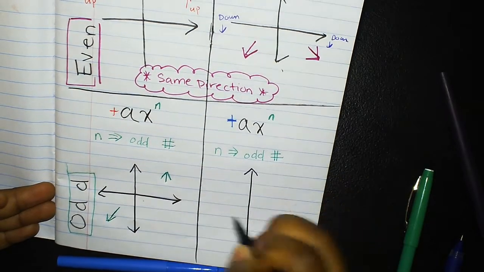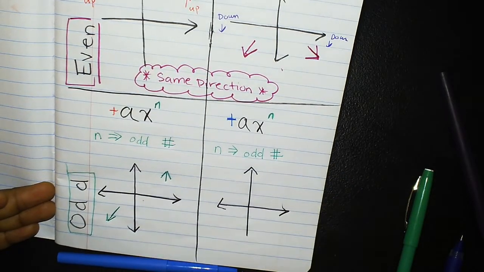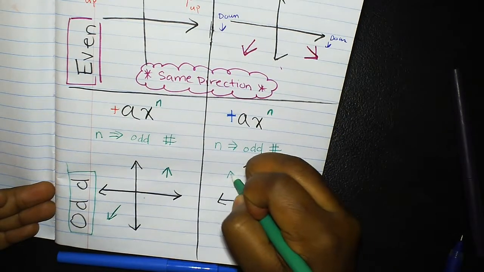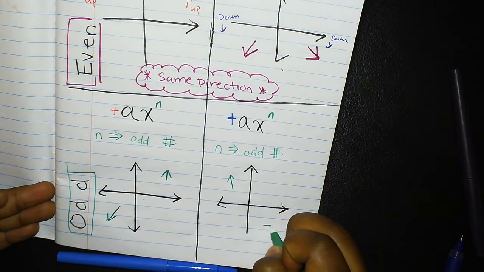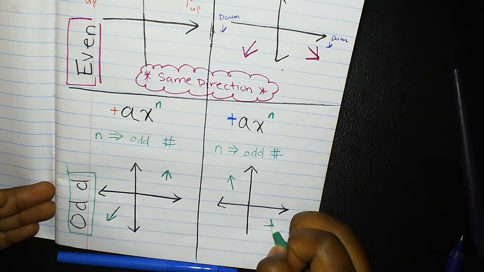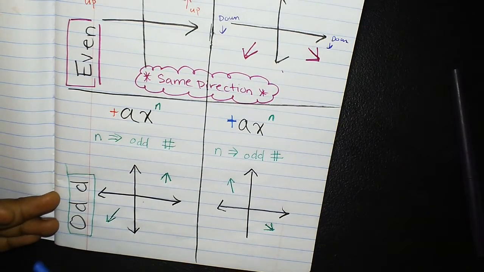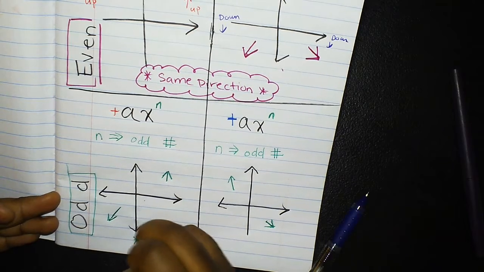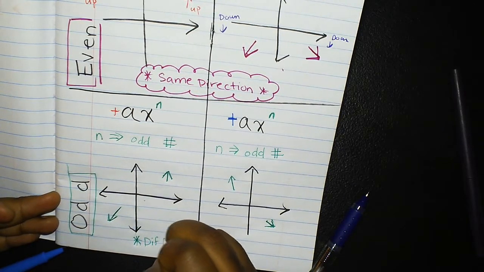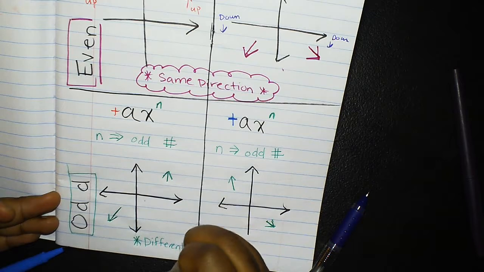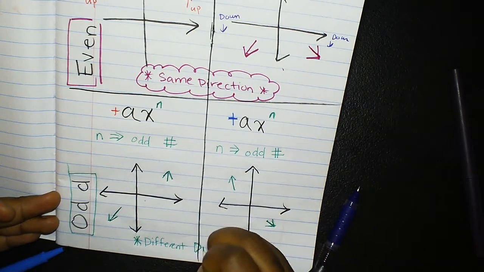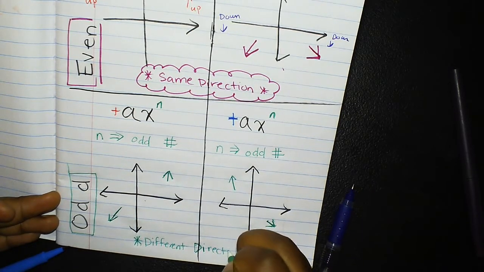So the graph will be opposite. So it will start up, right? But it will end down. So odd functions are going in different directions.